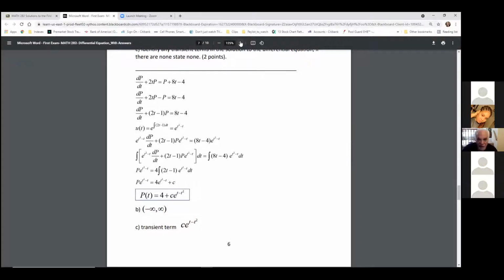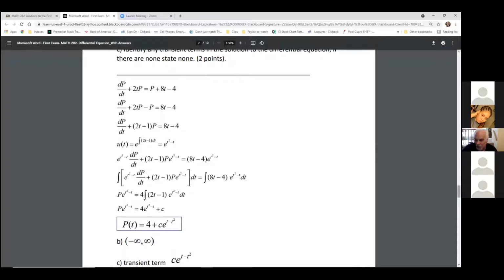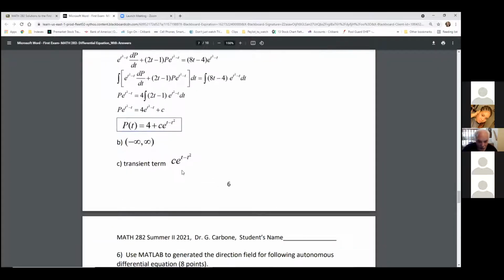Now, you need to understand this. I could write this as c e to the t times e to the minus t squared. When t goes to infinity, e to the minus t squared goes to 0, and it overpowers the e to the t, so the whole thing goes to 0.